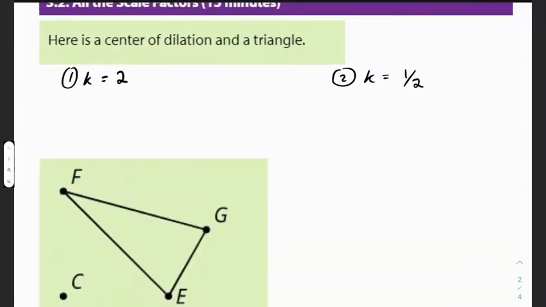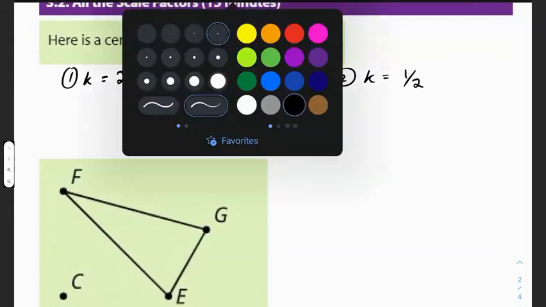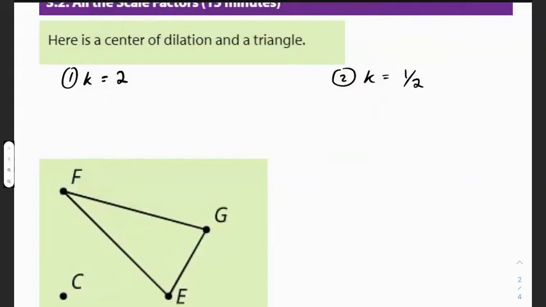What do you think is going to happen for number 1, for scale factor of 2? Is your triangle going to get larger or smaller? In number 2, if you use a scale factor of a half, is your triangle going to get larger or smaller? That's something to think about.